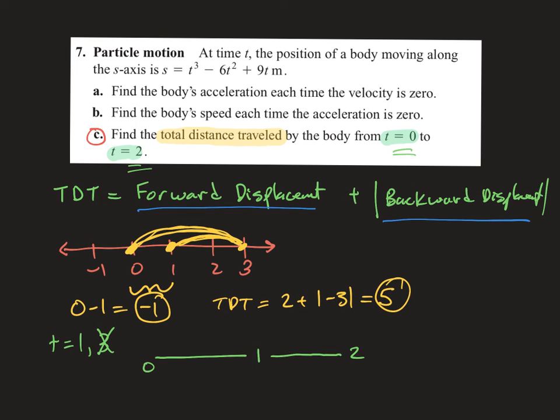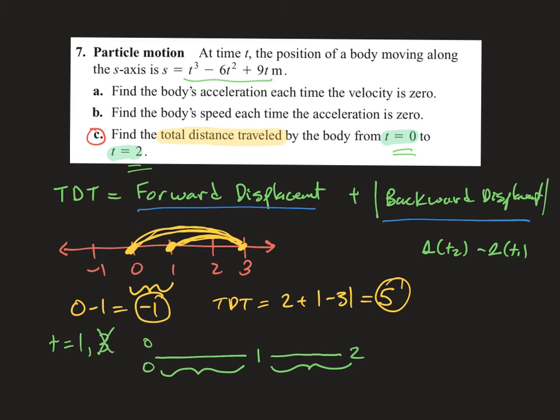So I have to do the displacement from 0 to 1, and I have to do the displacement from 1 to 2. Remember, displacement is s of t2 minus s of t1. So I'm just going to compute these position values, subtract them, and get my displacement. So the position at time t equals 0, if you plug 0 into s, that's just 0.